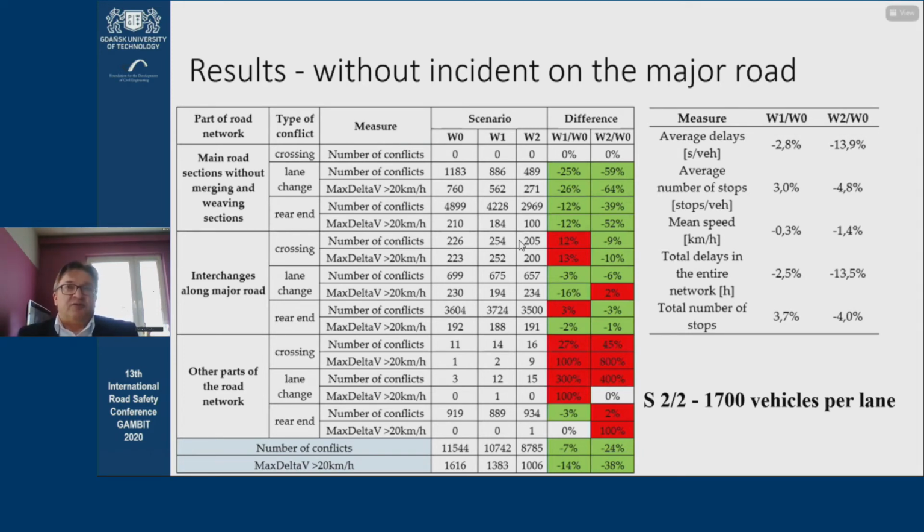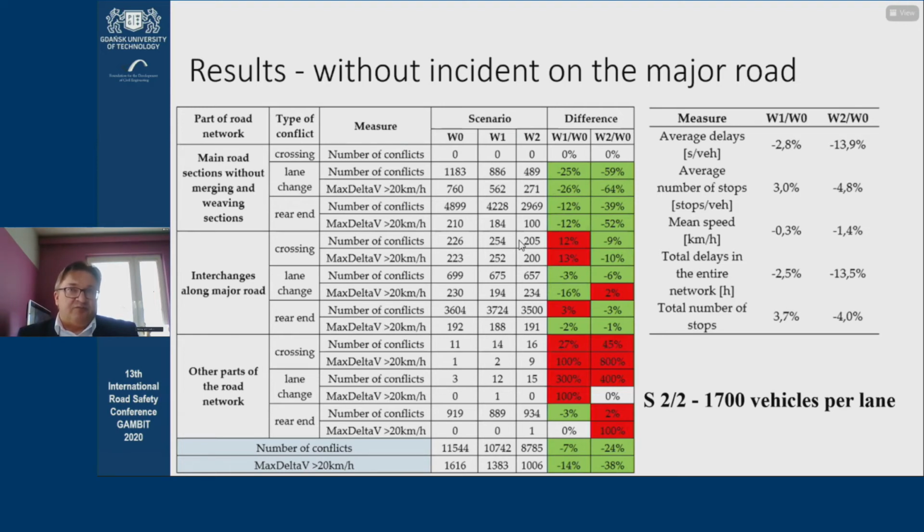The severity of conflicts, which we calculated like this, was the number of conflicts involving vehicles where the speed variance was more than 20 kilometers per hour. And we were able to reduce that significantly by using VMS.